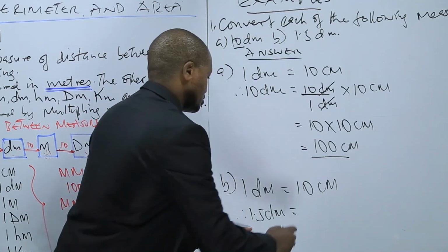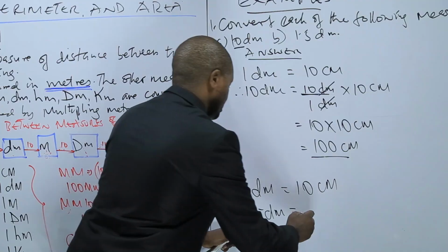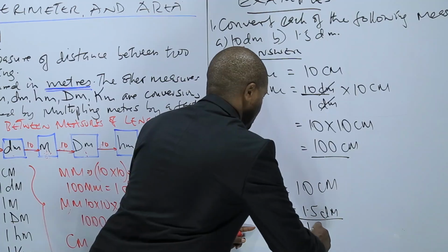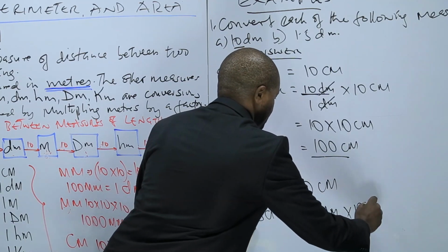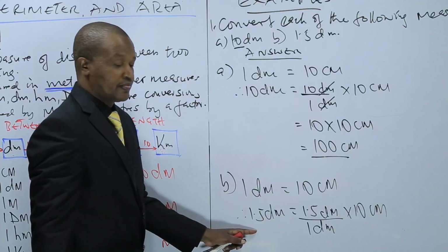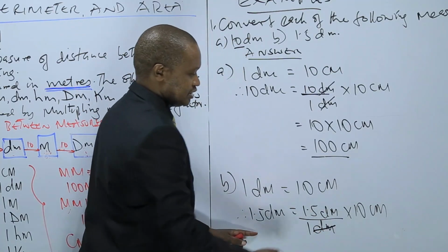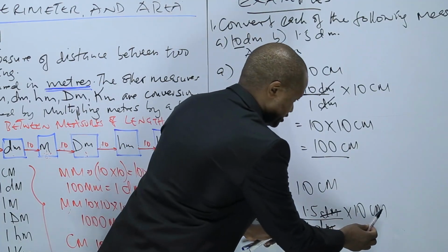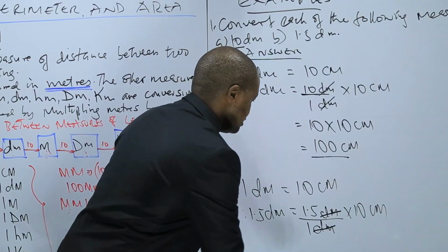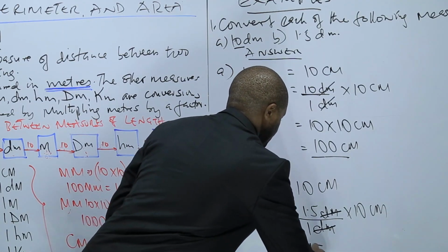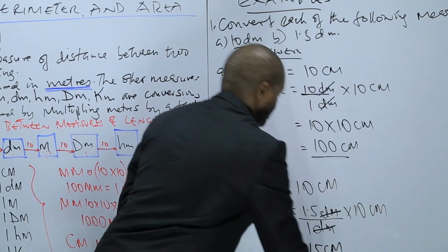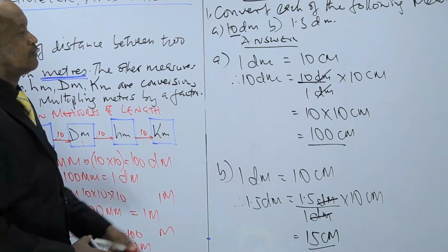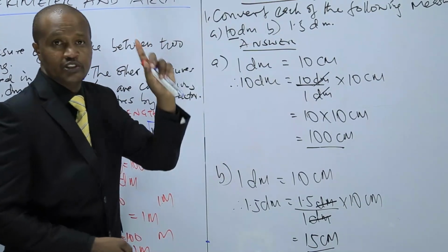So again, we take the reciprocal: 1.5 decimeters divided by 1 decimeter times 10 centimeters. So this decimeter will cancel with this decimeter. Then we are remaining with 1.5 times 10 centimeters, giving us 15 centimeters. So that is the conversion. We have converted the decimeters into centimeters.